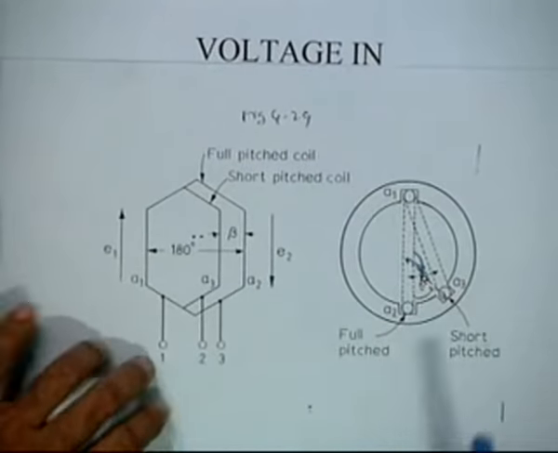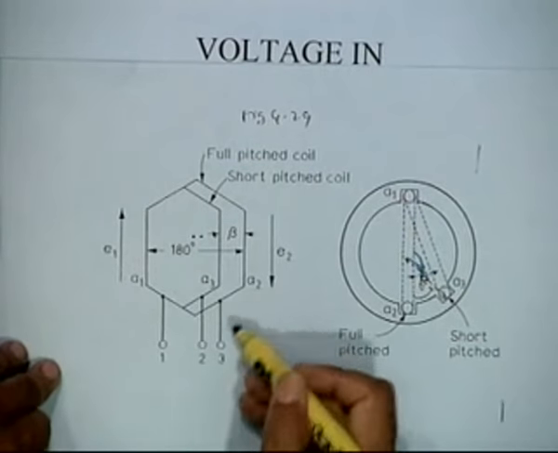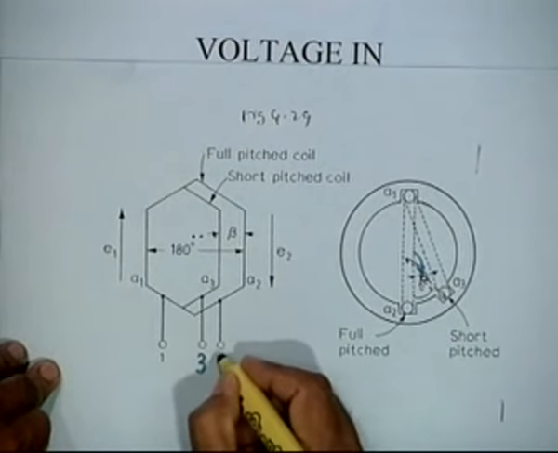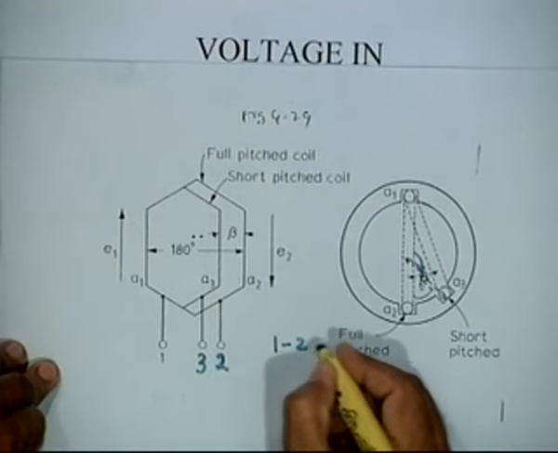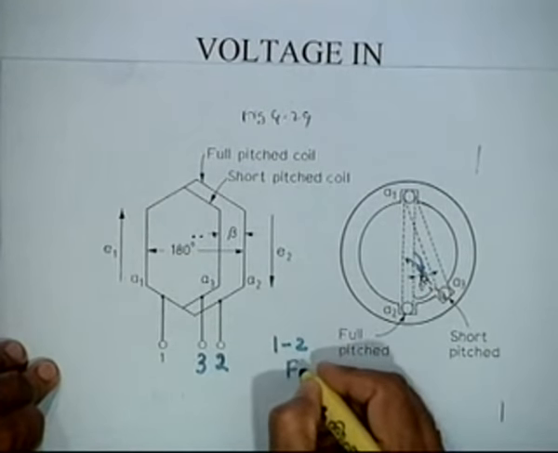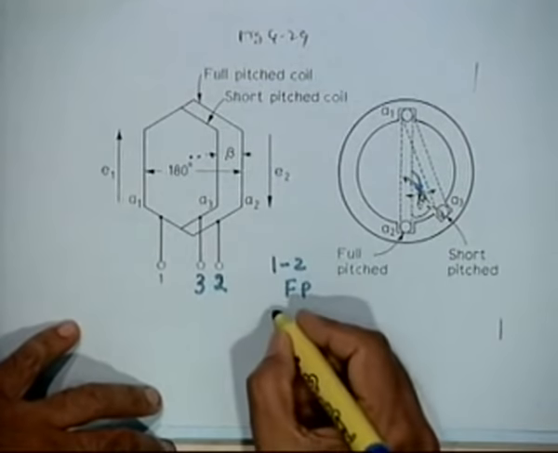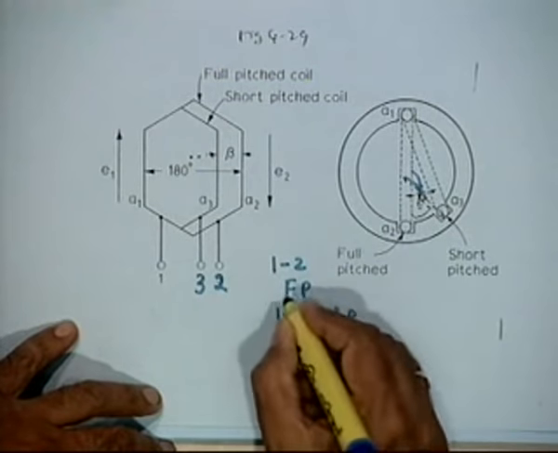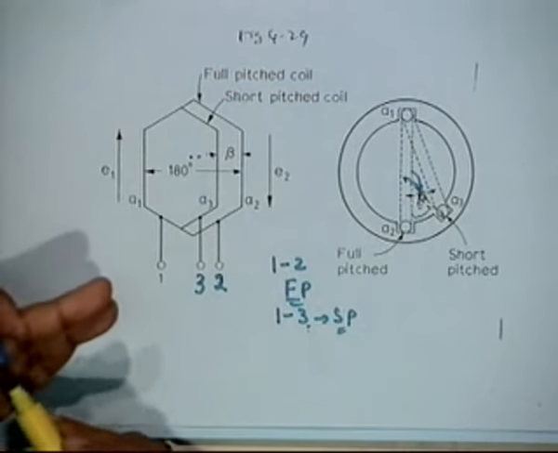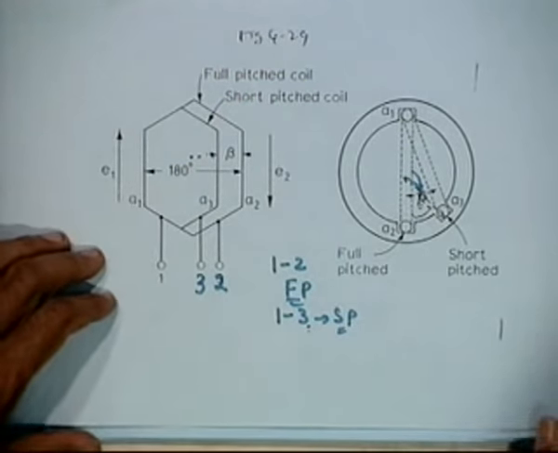Perhaps it would have been better if we had put the same thing, because we have made this as 2, so 1 2 full pitch and 1 3 short pitch. Let us see what happens here.